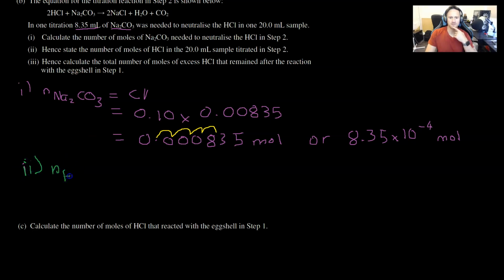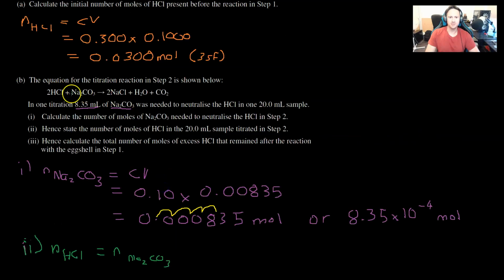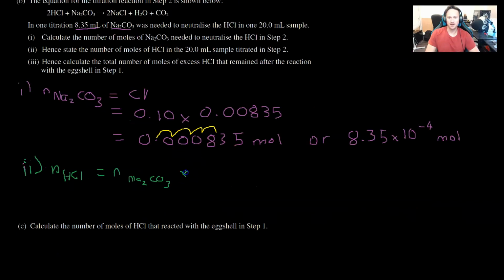So the number of moles of HCl, and we can write excess if we like, I might just leave it as a different color though, is going to equal the number of moles of Na2CO3. So this is mole ratio stuff, because these are the two substances that have reacted with each other. Okay, so times by the mole ratio, which is unknown over known. So that's going to equal this answer here.